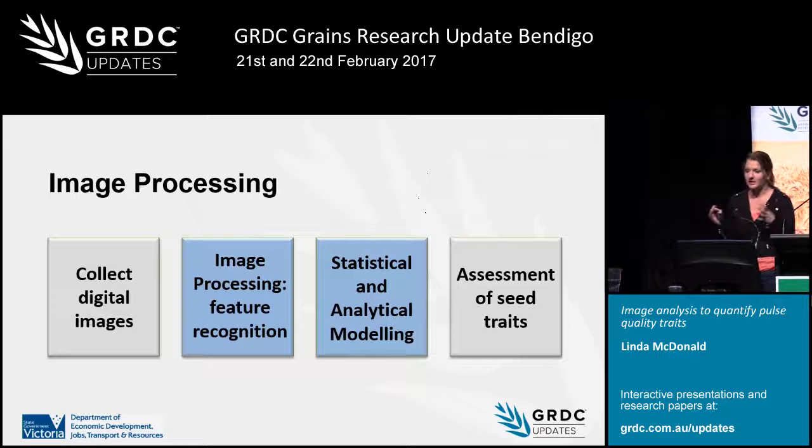And then the next step is relating that to actual physical traits of the grain, so using mathematical modelling to relate all of that pixel information to physical data. And the overall aim then is to get this assessment of pulse grain quality from the colour to size, shape, and just overall visual quality of the grain.